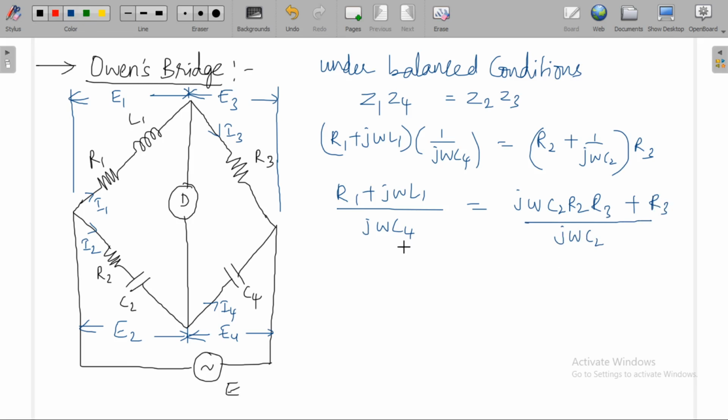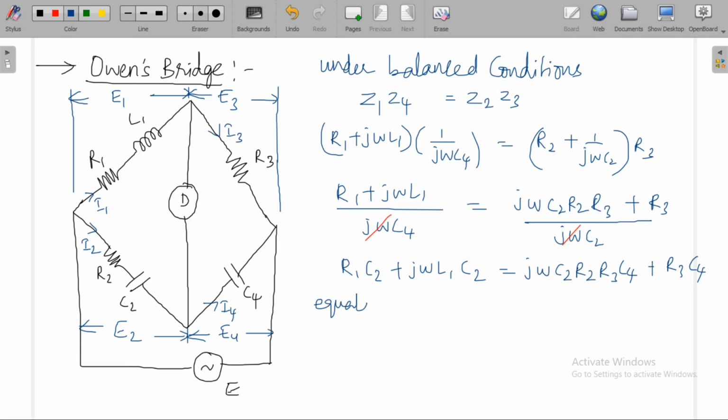Okay, both will get cancelled. Then you are going to get R1 C2 plus j omega L1 C2, which is equal to j omega C2 R2 R3 C4 plus R3 C4.